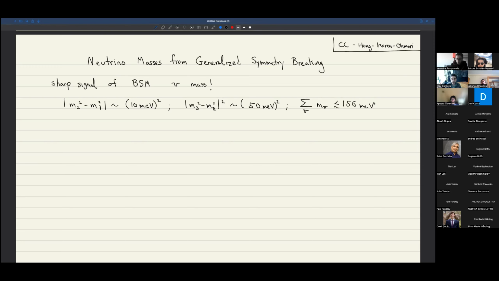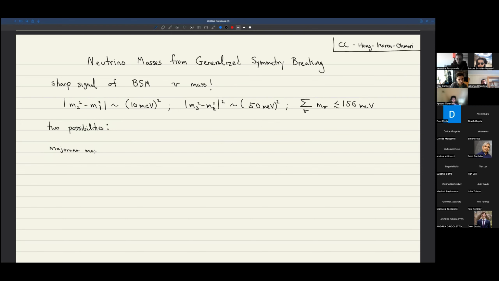In discussing neutrino masses, there are always 2 qualitative possibilities that you should keep in mind. For generating mass, first is a so-called Majorana mass. How does this work? At the level of the standard model, you write down an effective dimension 5 operator.